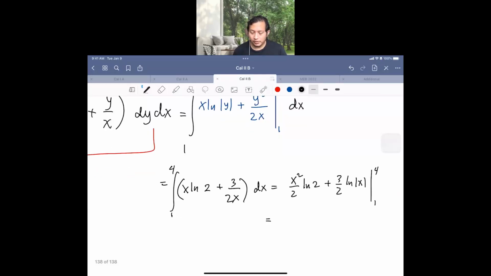So 4 minus 1 is 3 over 2. 4 to 16 divided by 2 is 8 ln 2, right, plus 3 over 2 and ln 4, write this here, and minus ln 2 over 2 and then plus 0.